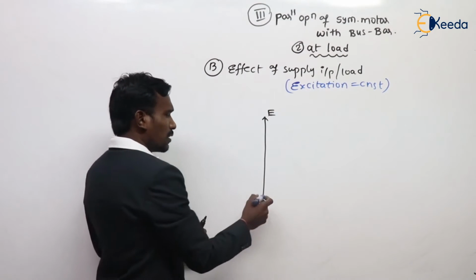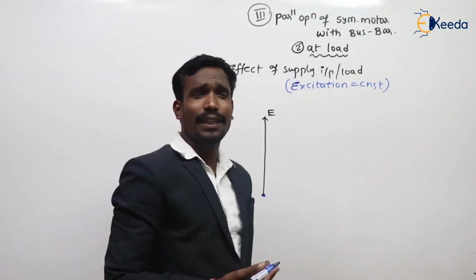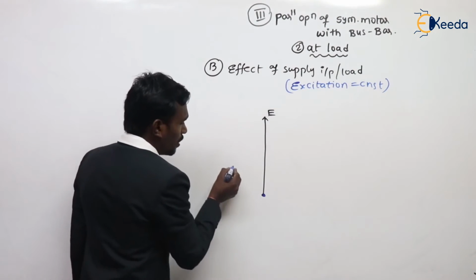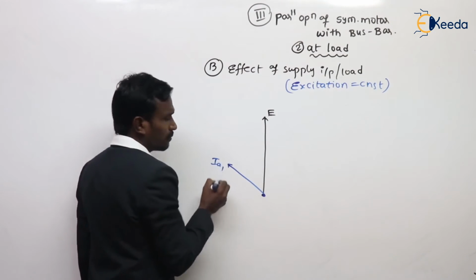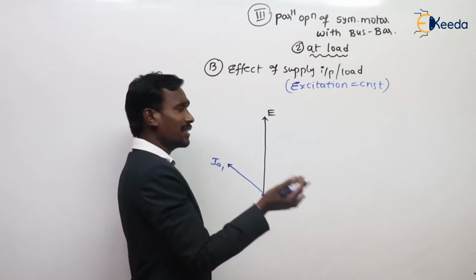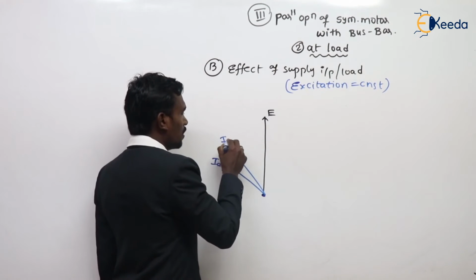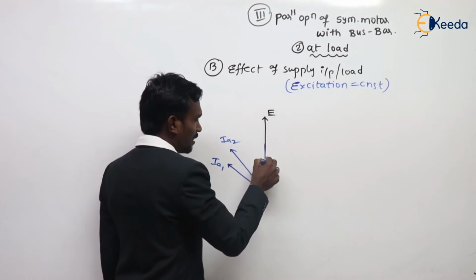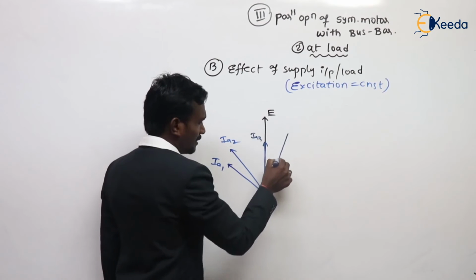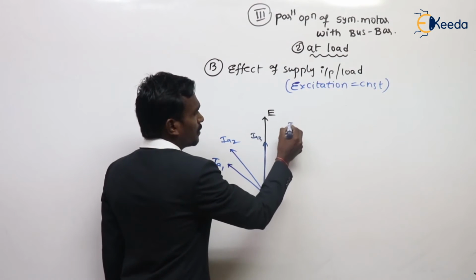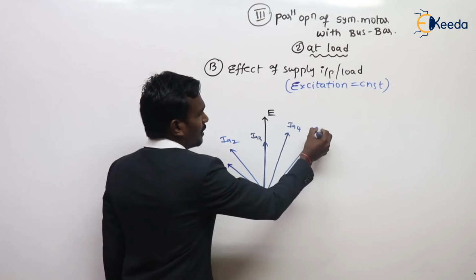Is it okay? When synchronous motors are operating in leading load, for example, my synchronous motor is operating in general condition, this is IA1. Then load or supply input increases, this is IA2. Again increases, this is IA3. Again, IA4. Again, IA5.